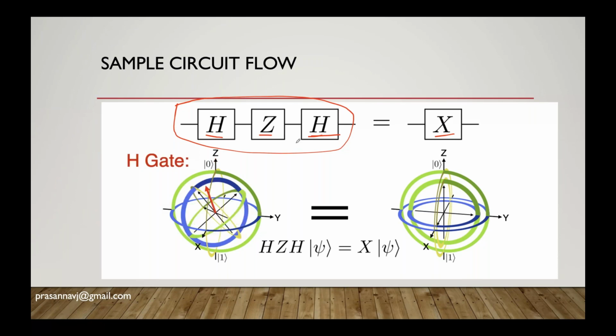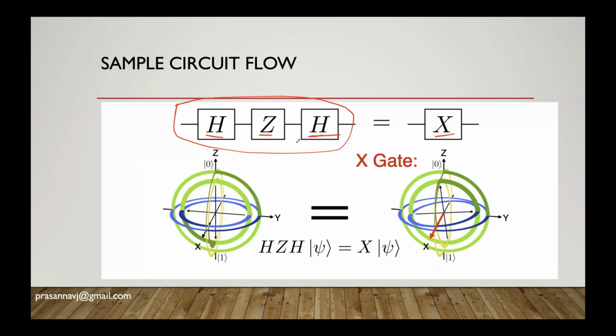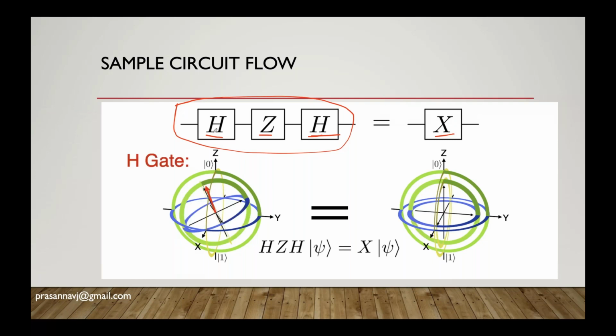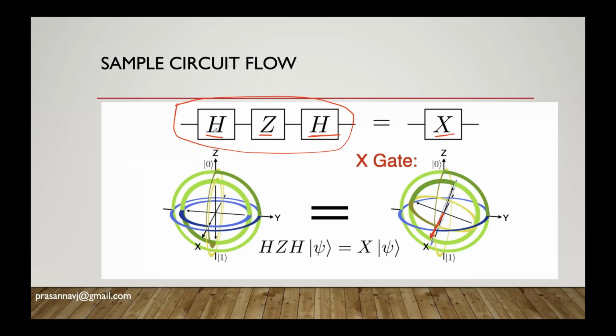So why are we taking that to a superposition, and why are we doing this multiple times? The qubits, as we said, have to be in a superposition state so that we can measure the value out of this qubit.